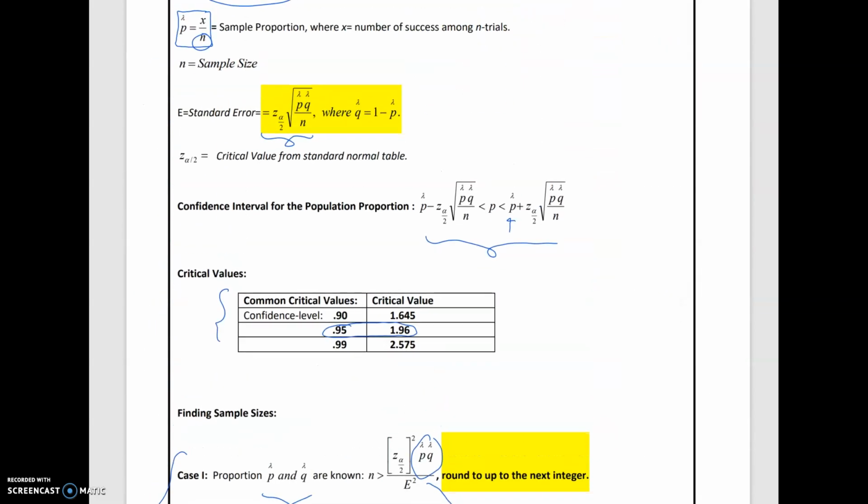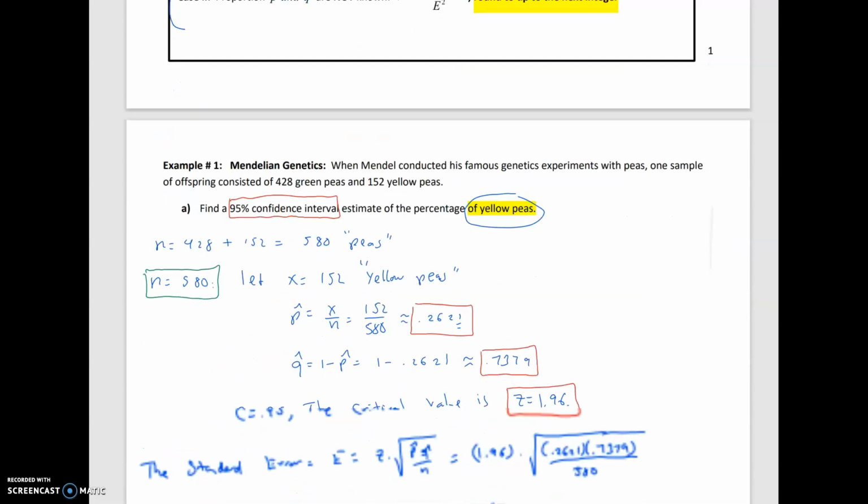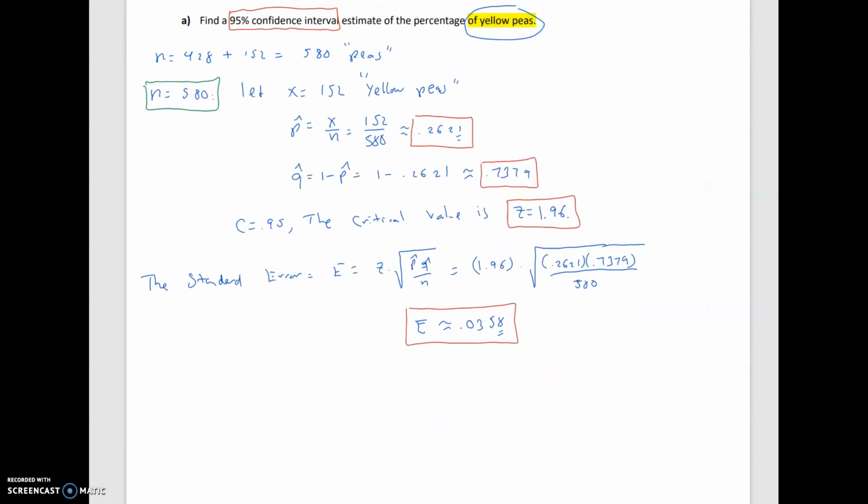So in this case, our value of the proportion is going to be bounded by the p hat plus the error and the p hat minus the error. So let me just rewrite it as the confidence interval.